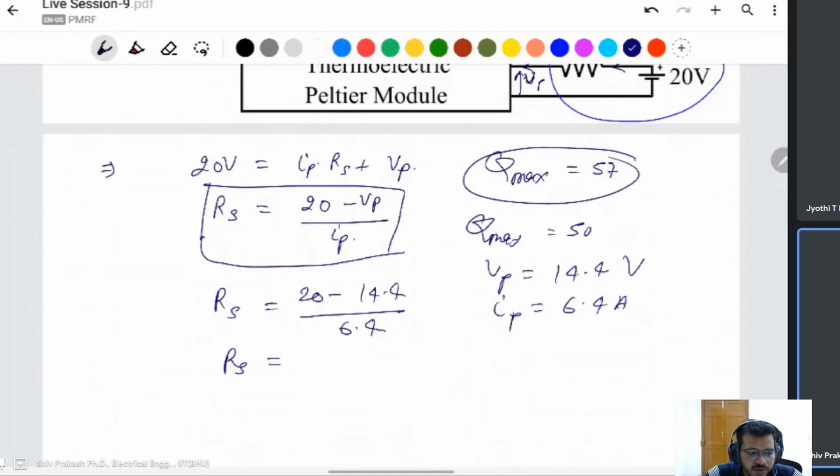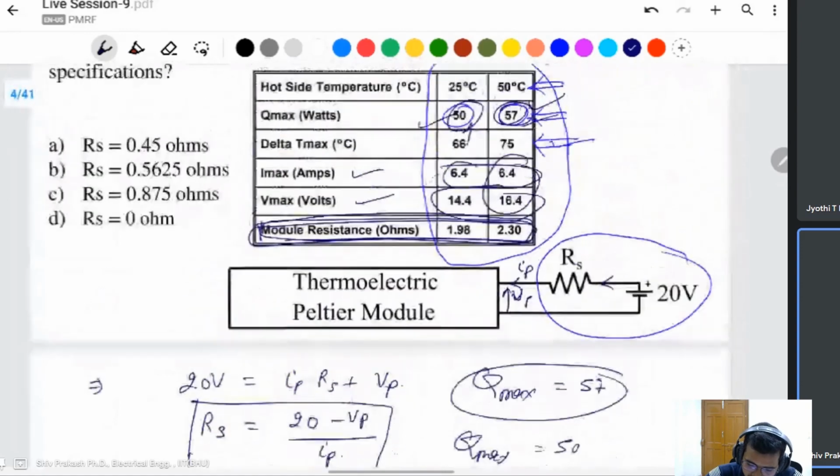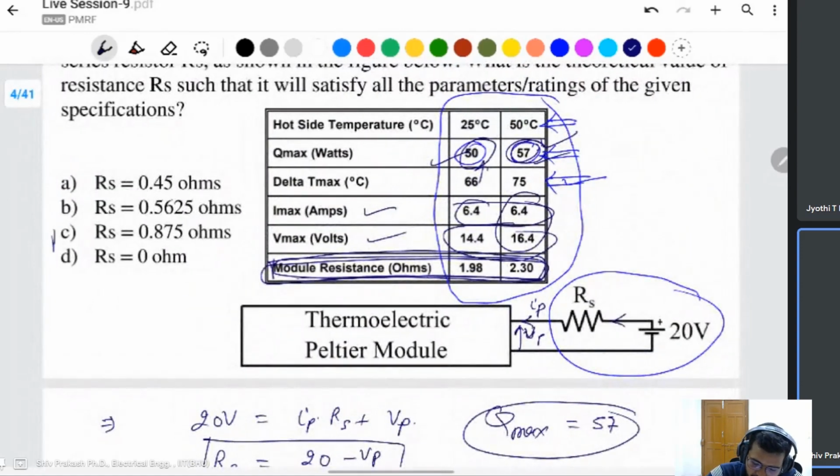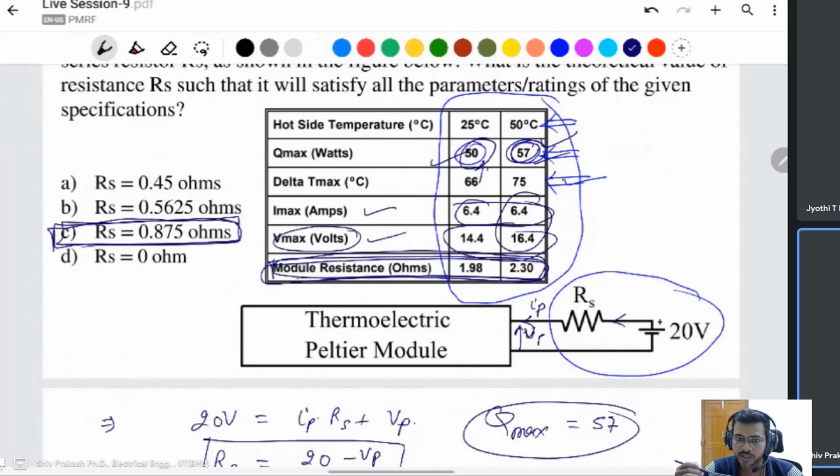If you calculate this, it will be I think 0.875 ohm. If you do not add this resistance, then the voltage will be increased. V maximum will be increased at the terminal of the Peltier device. That's why it will cause the losses.